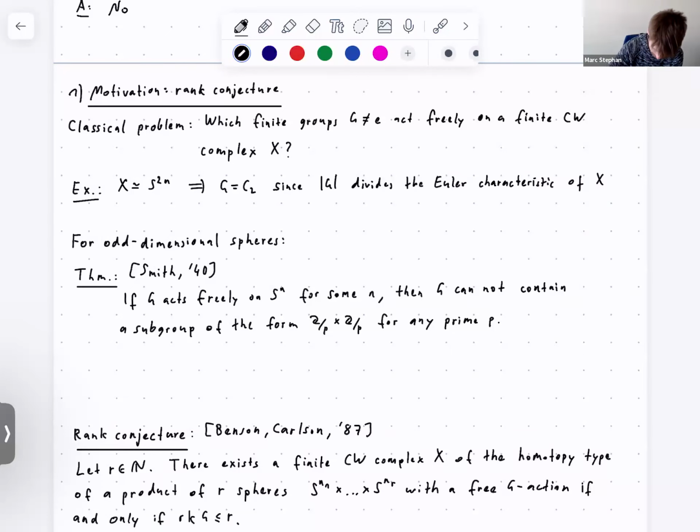And an early result that also includes odd-dimensional spheres is by Smith, that states that if G acts freely on S^n for some n, then it cannot contain a subgroup of the form C_p cross C_p for any prime p. So an elementary abelian p-group of rank 2.